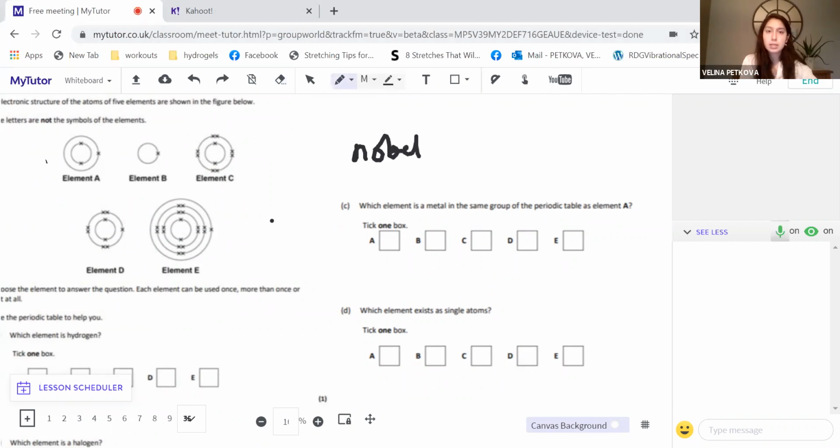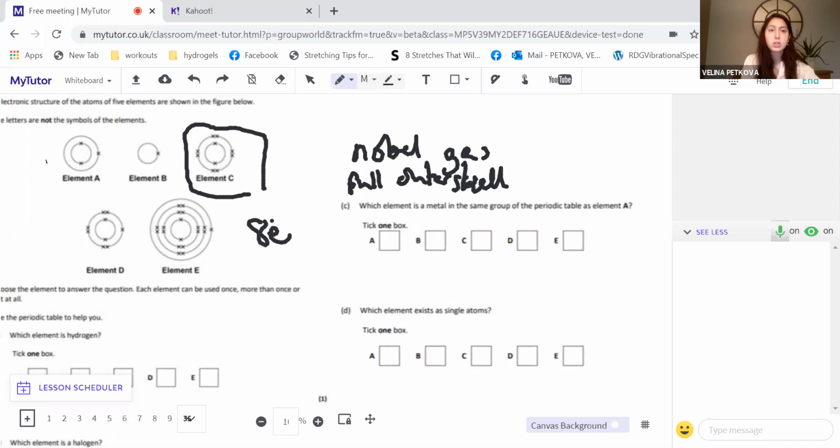So noble gases are the ones we're looking for with a full outer shell. So it's going to be C, because in C, we have 8 electrons in its outer shell. That is a noble gas configuration, and therefore it is happy, it is stable, and can exist.